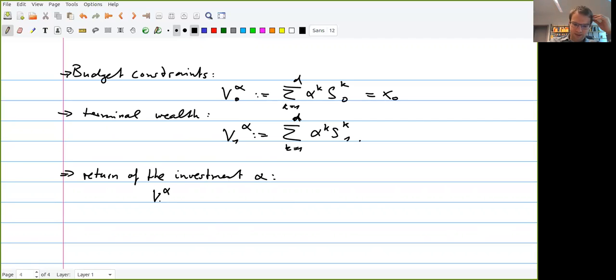So consider the wealth we have by trading the market with respect to alpha at time 1 divided by x0 and minus 1. So this is how we always define returns. So let's calculate this to understand what it actually is. Okay, so we have here the definition.